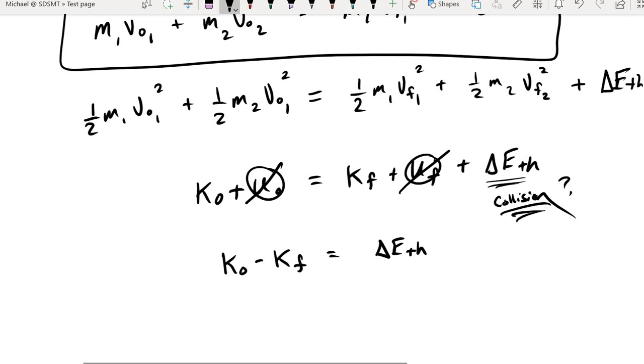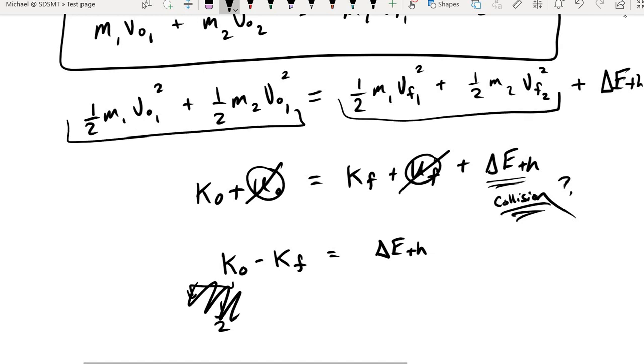But before we can do that, we would have to know what the kinetic energy of the system is before the collision, and what the kinetic energy is after the collision. And we've got that right up here. The difference in these terms will be the thermal energy that is generated in the system.